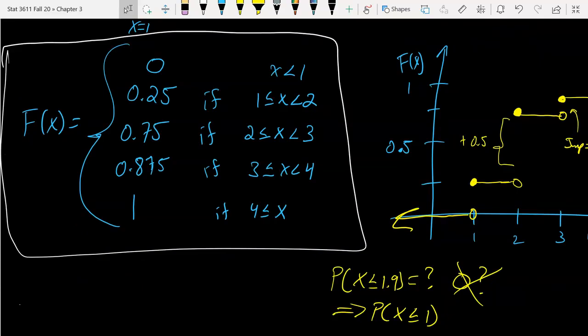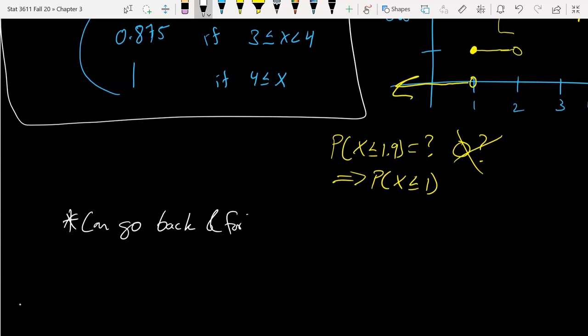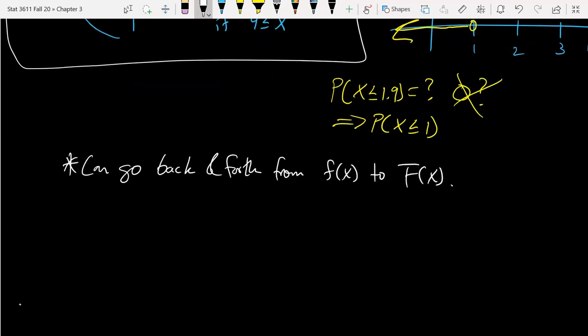You should be able to go back and forth from the PMF, little f of x, to capital F of x. To go from little f of x to capital F of x, you're going to add everything up.